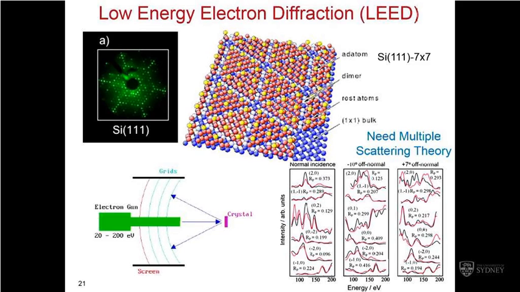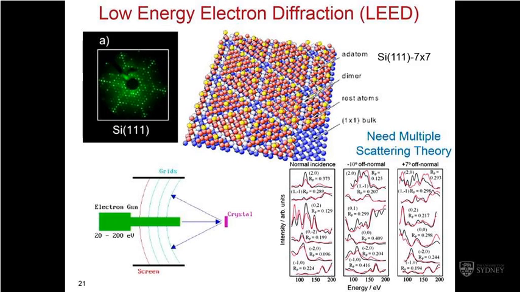Low-energy electron diffraction is much more complicated to analyze than X-rays because you have multiple scattering events. The electrons can bounce off an atom and then scatter multiple times. But there are codes available, like everything nowadays, that can allow you to simulate very accurately what you measure experimentally.